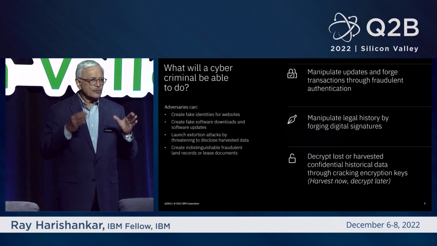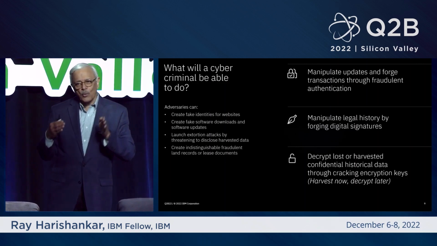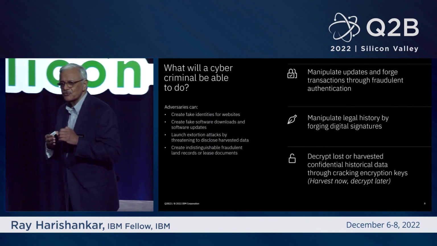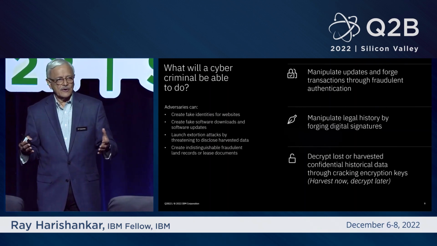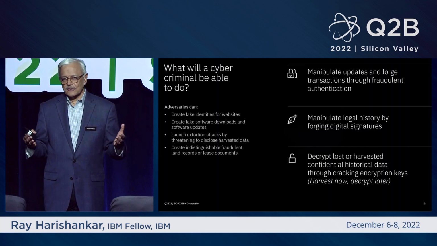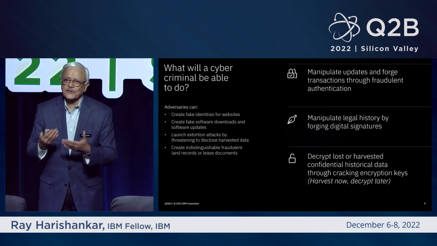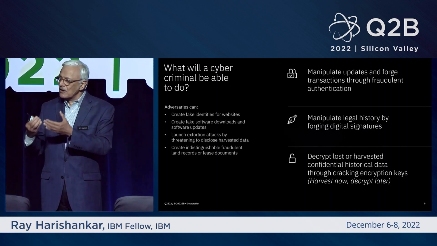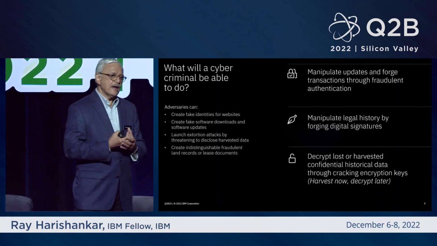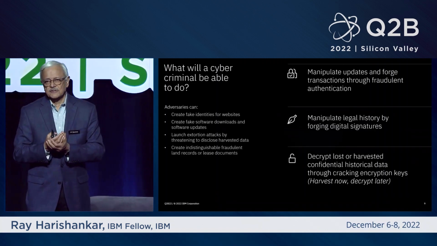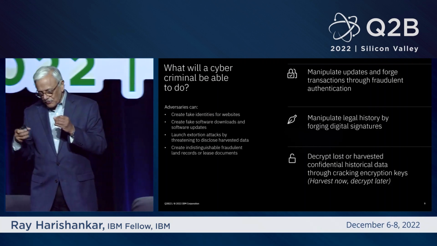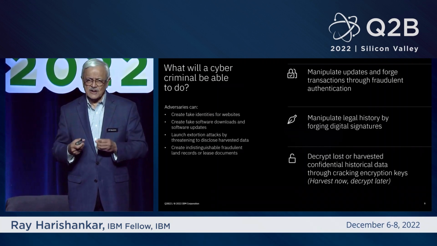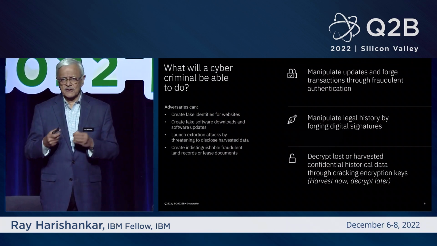You can hang on to it for a while. And when a quantum computer of sufficient scale and maturity becomes available, you can decrypt what you have collected so far and then see if you hit the lottery or not. That's the fear, right? So this harvest now and decrypt later is the challenge that enterprises face. And that is the core of this quantum safe challenge that we fundamentally need to be concerned about.